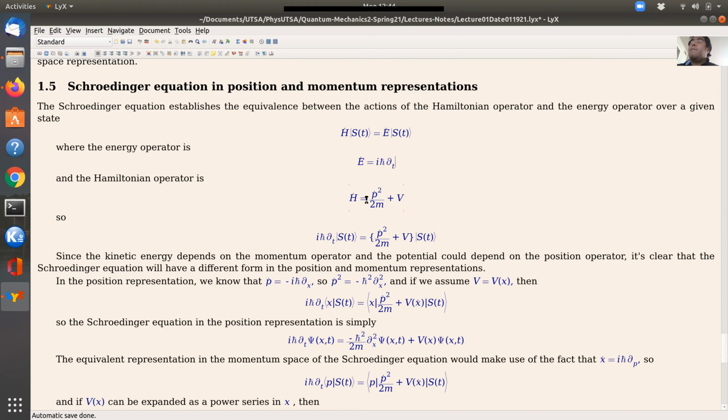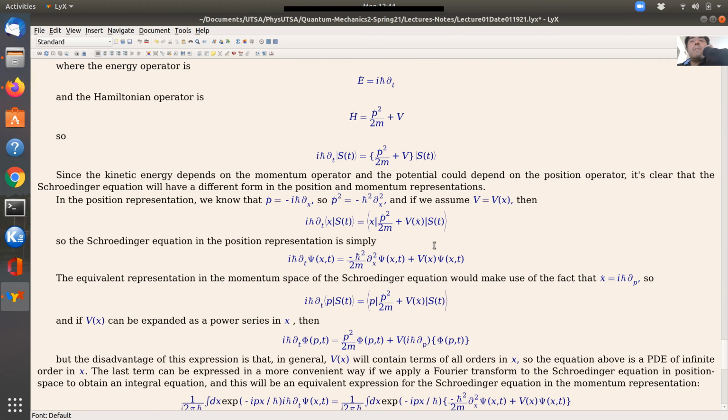We will plug in for the momentum, for example in the position representation, the representation of the momentum, and we'll use that as the quantum operator. So the Hamiltonian in the classical case was the kinetic energy plus the potential. And before we make any choices of the space or representation, so far so good, we're here, right? This is the energy operator, the Hamiltonian operator, and this is Schrodinger's equation.